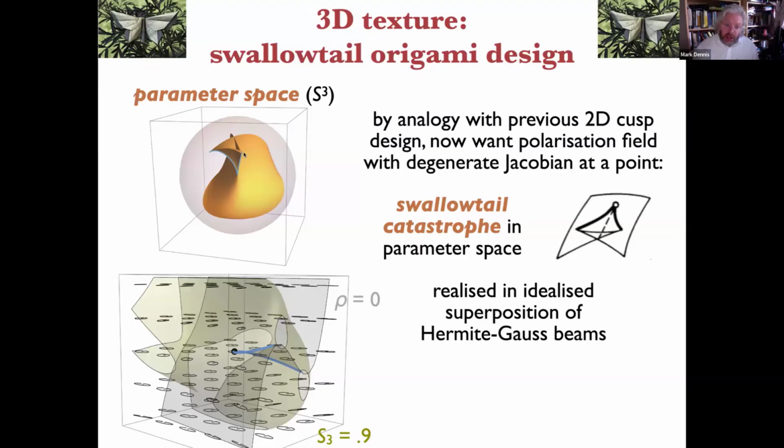So this is in my idealized field. This is a neighborhood of, as it happens, the left-handed circular polarization that I've chosen here. And here are two cusp lines going into a point. Here are the pre-images of the cusp, the pleat lines, and then the yellow line is not the surface of linear polarization, but where S3, sorry, that should be minus 0.9.